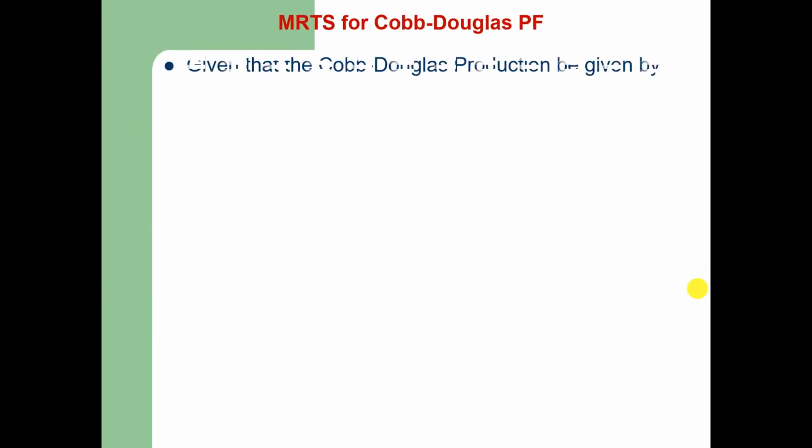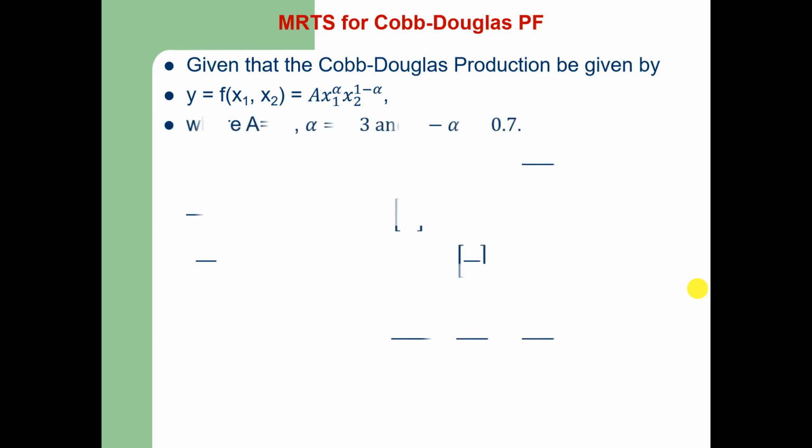So, how can we derive the marginal rate of technical substitution for the Cobb-Douglas production function? Let us suppose the Cobb-Douglas production function is given by y = f(x1, x2) = a x1^alpha x2^(1 - alpha), where we assume that the constant a is equal to 10, alpha is equal to 0.3, and 1 minus alpha is equal to 0.7.